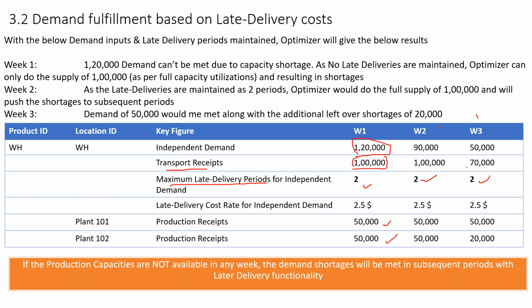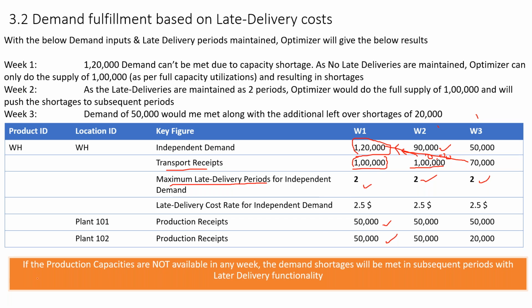So here you see 90,000 is the next week's demand, but it supplied 1 lakh, 1 lakh, and the remaining 10,000 belongs to this demand. And again, another 10,000 belongs to here. So whatever shortages are there, they would be met in the subsequent periods only if we maintain the maximum late delivery periods.